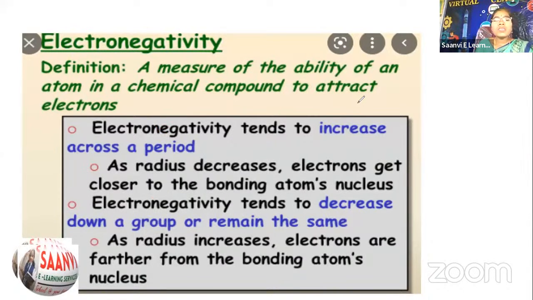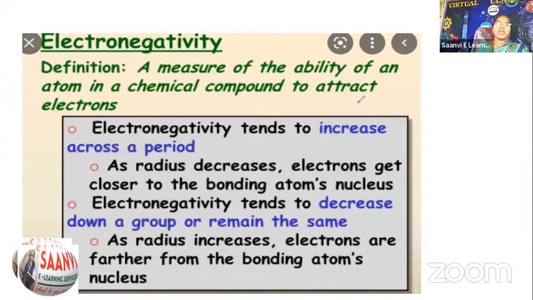Electronegativity increases across the periods. Why does it increase across the periods? From left to right, the atomic size decreases and the outermost electrons are attracted more, so electronegativity increases.